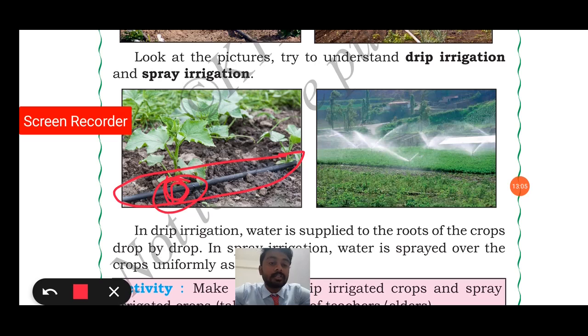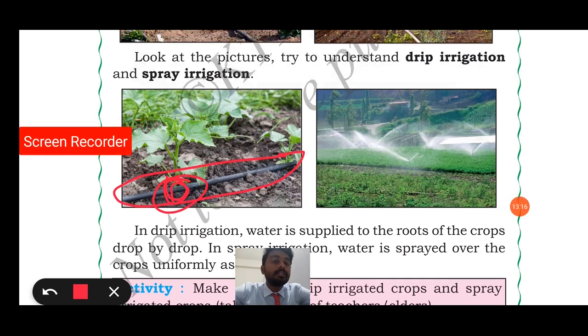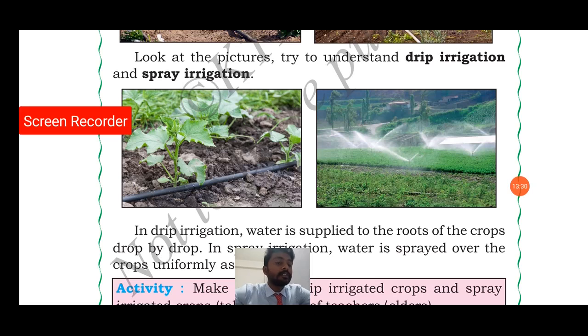At that time water is not wasted. The water is supplied directly to the roots.